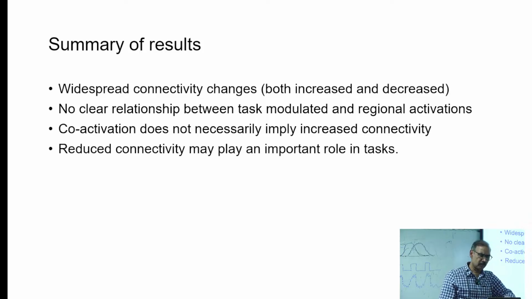I haven't shown it, but we also have analyzed data from schizophrenia, because UCLA data had schizophrenic subjects, and we see differences in these connectivity patterns between healthy control and schizophrenia, suggesting that there is some functional information that can be gained by using these kinds of analysis. Any question?